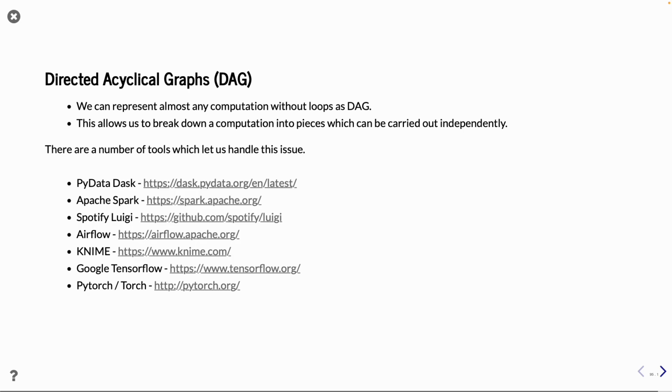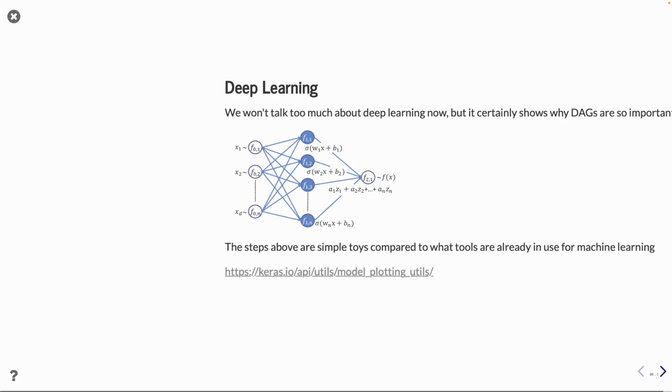And with that we also have DAGs, a structure that supports this kind of parallelization, and there are a lot of tools out there listed here, and with them you can organize your workflow, so it's pretty helpful for parallelization.